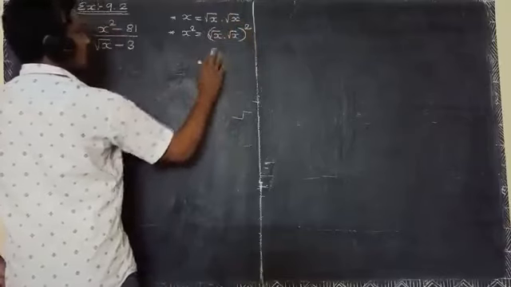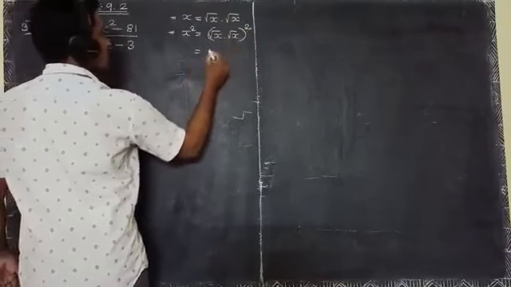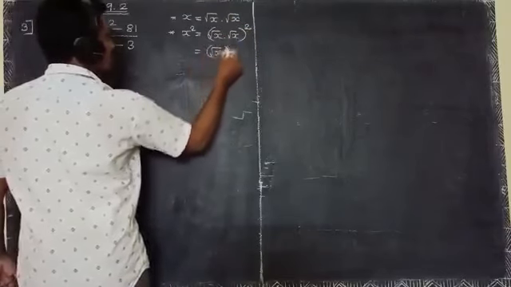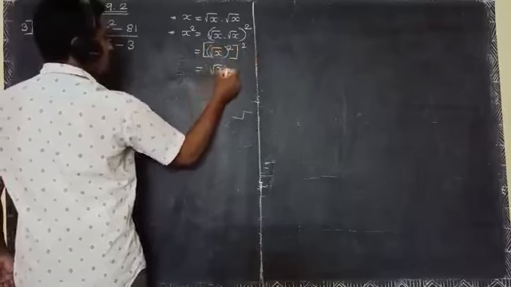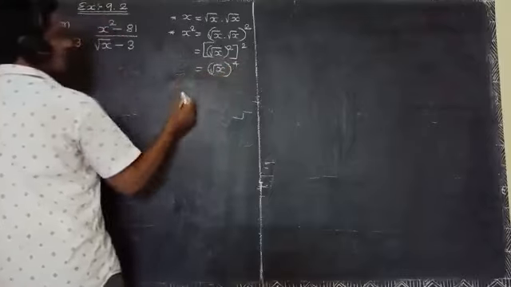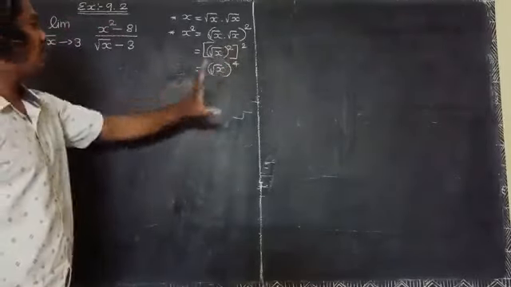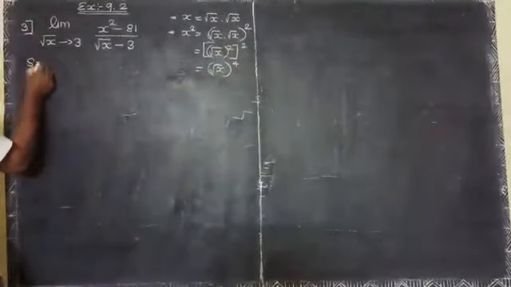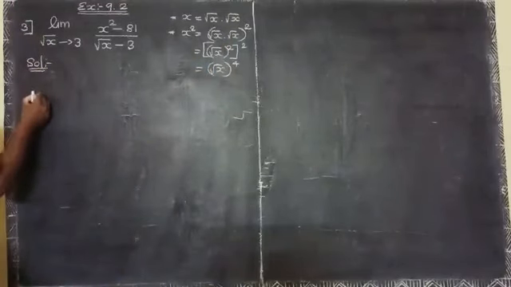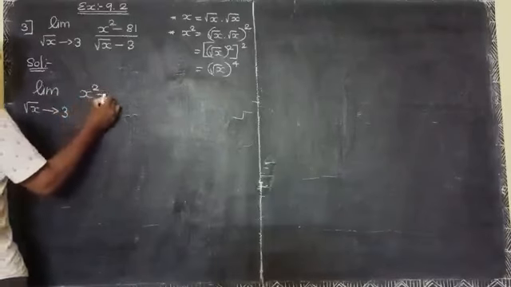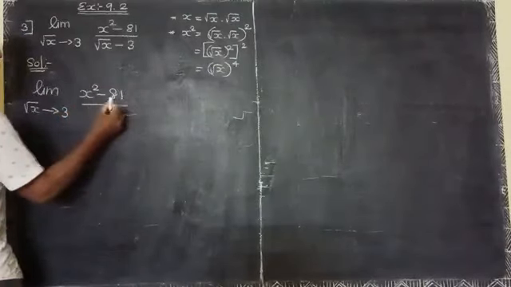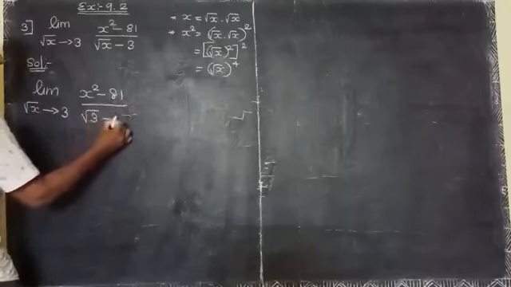That is root x into root x the whole square, again squared, that is root x the whole power 4. Yes, x square can be written as root x the whole power 4. Here the solution: limit root x approaches 3, x square minus 81 divided by root x minus 3.